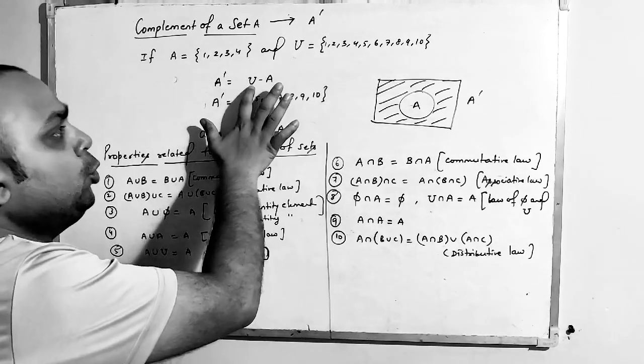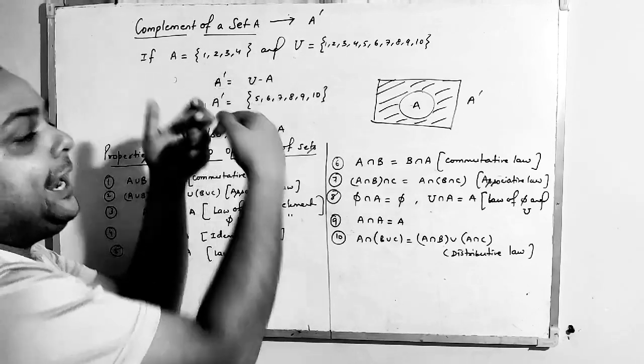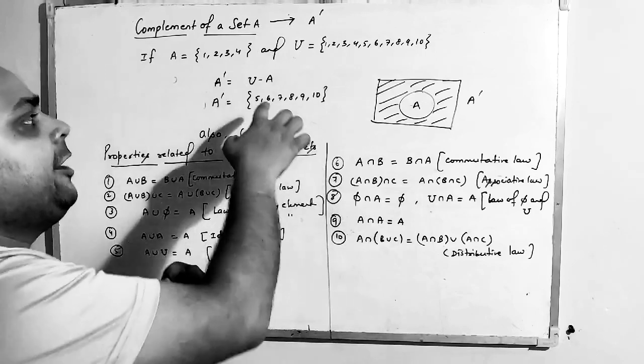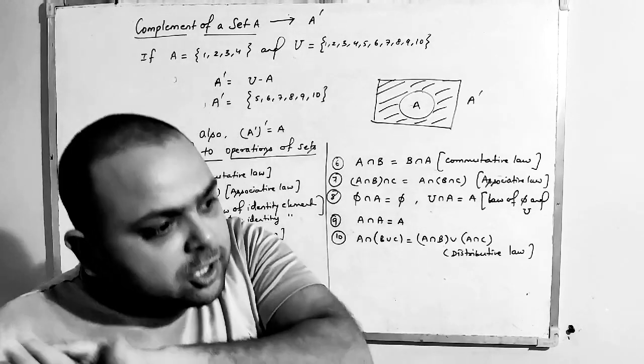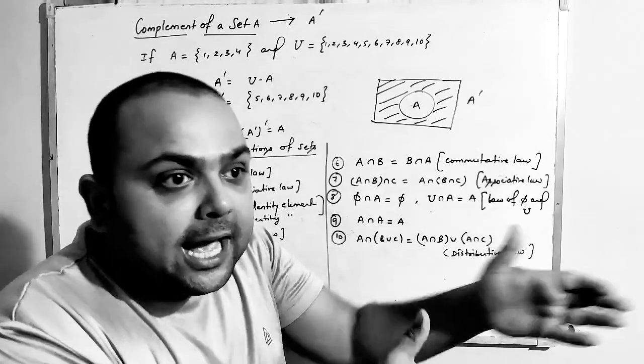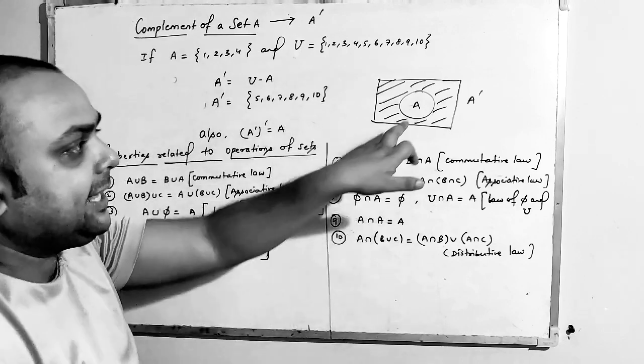That is, U minus set A. So 1 2 3 4 are eliminated and the remaining elements are 5 to 10. So the remaining elements from the universal set are called the complement, like in the diagram.